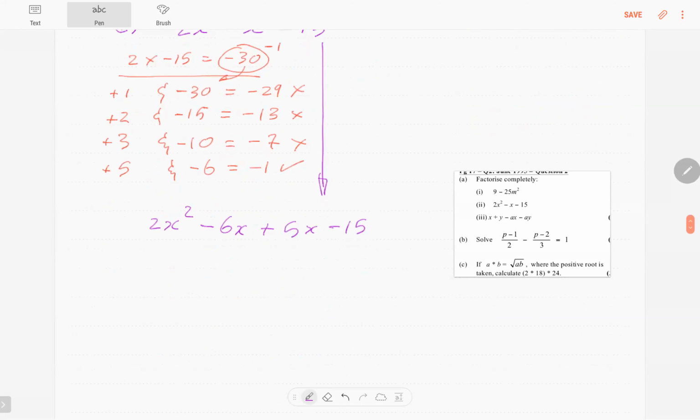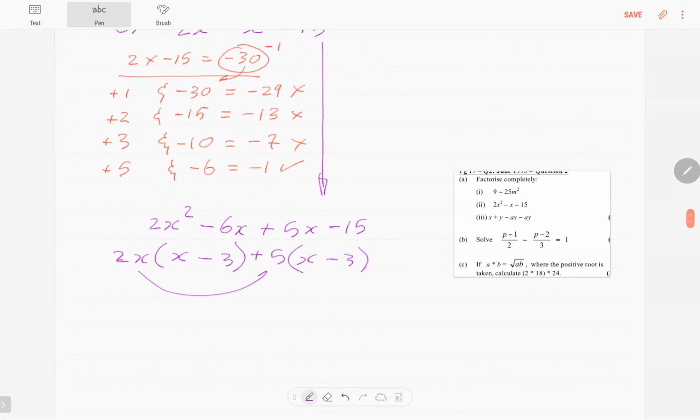Moving down, the highest common factor in the first two terms is 2x. 2x out of this is x minus that divided by 2x is 3. Put back the x minus 3 in the bracket over here. And we can look and say, okay, the plus 5x, you divide that x in there, we must have factored out a positive 5.